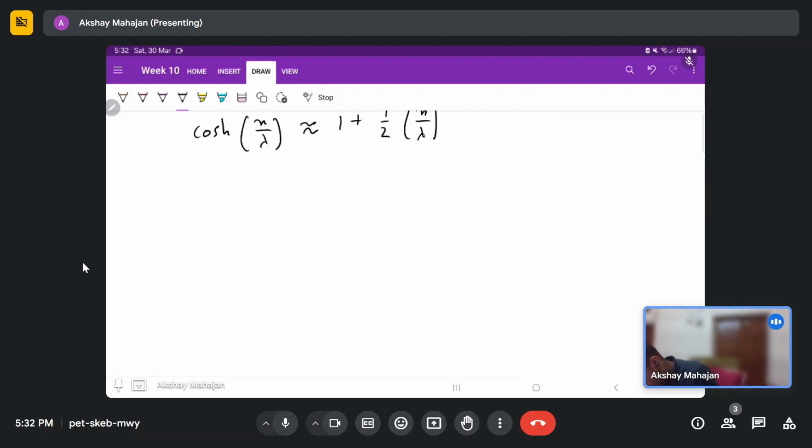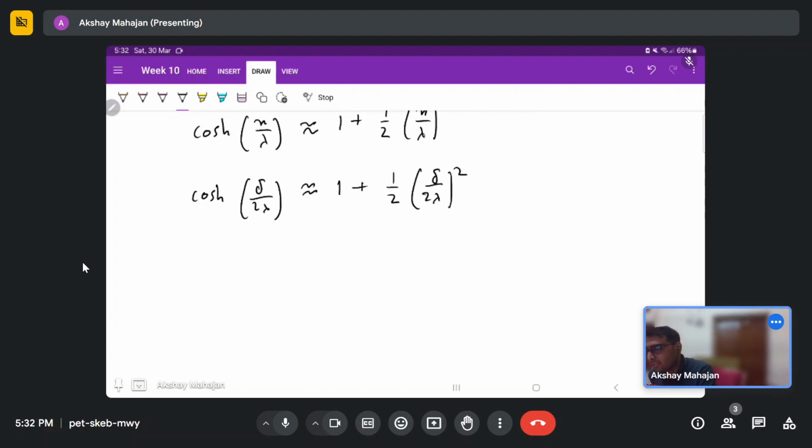And similarly for cosh(δ/2λ), from the expansion of this cosh function, I can write it as 1 plus half of (δ/2λ) whole squared.